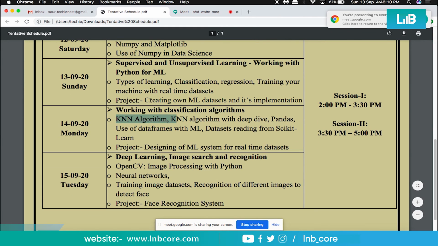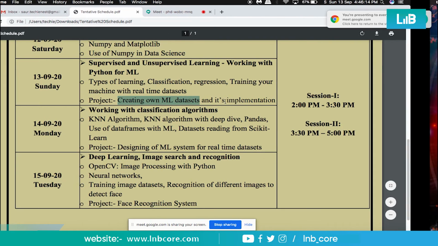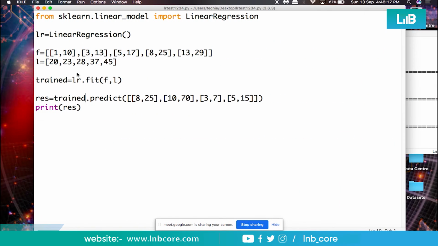So, what do you mean by creating your own ML dataset? This is what I was telling you. This is called a custom dataset. The amount of values was quite low, right? The amount of values was quite low, but you should have a proper understanding of the problem first.